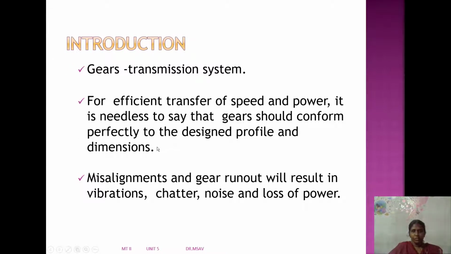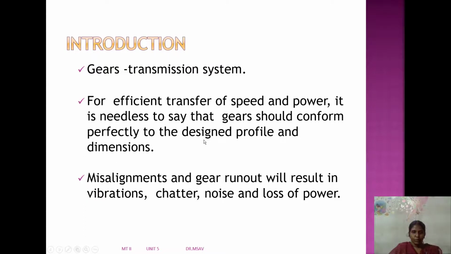Before we step into the metrology of gears, what is meant by gear? Gear is a rotating machine element which is used to transmit power within a short distance. For efficient transfer of speed and power, it is needless to state that the gear should conform perfectly to the designed profile and dimension.